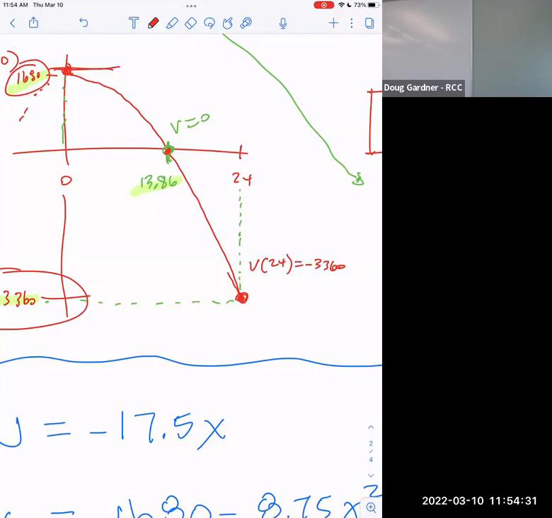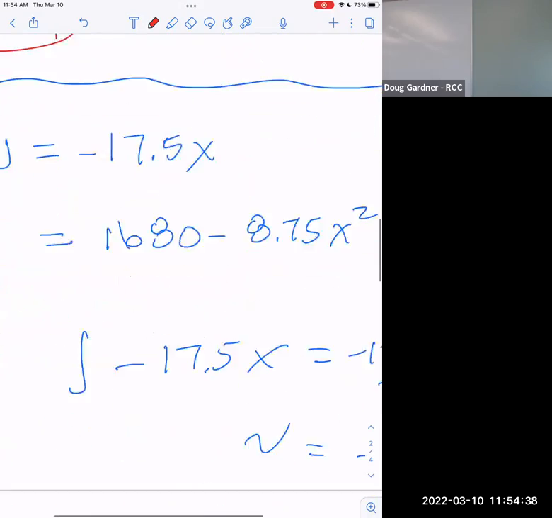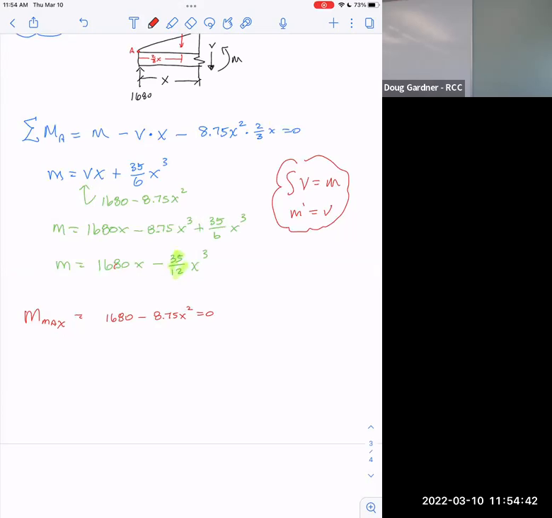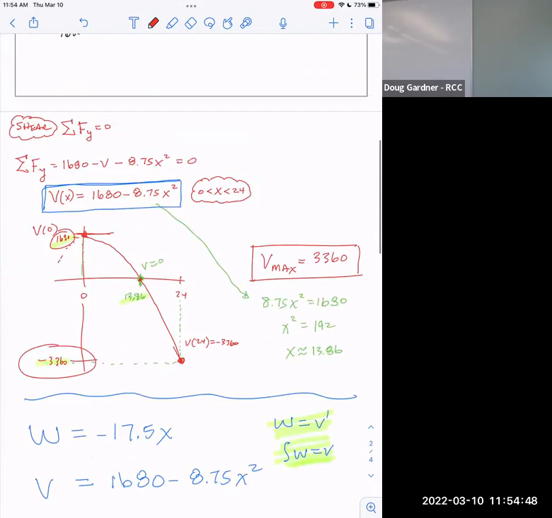So if you take the time on the shear graph to actually calculate where that graph crossed the x-axis, then you'll already know where the maximum is, which means you could actually come down here then and just say, since you already know that, what did we say it was, 13.86.